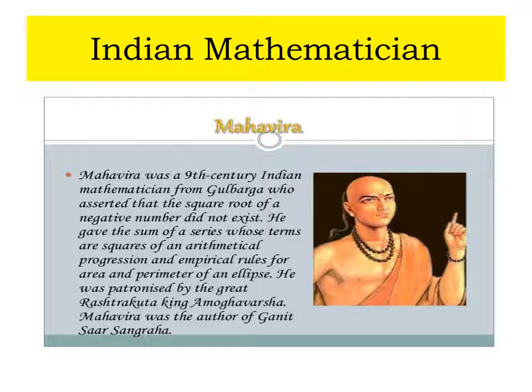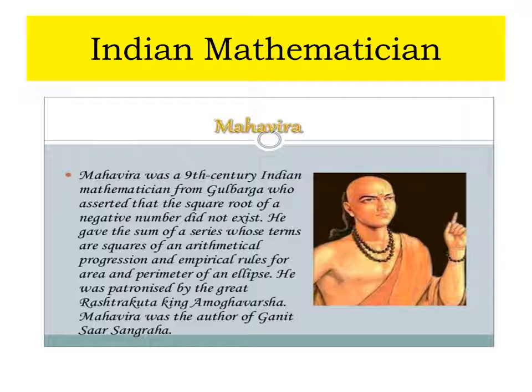He gave the sum of a series whose terms are squares of an arithmetical progression, and empirical rules for the area and perimeter of an ellipse. He was patronized by the great Rashtrakuta king Amogha Varsha.